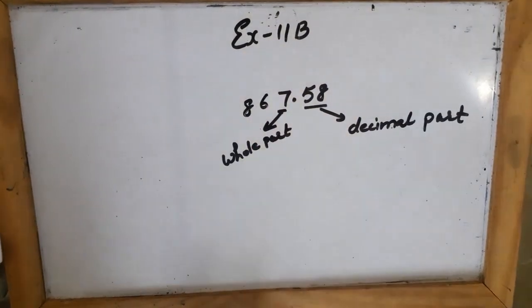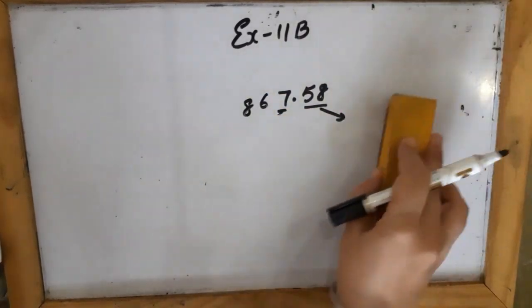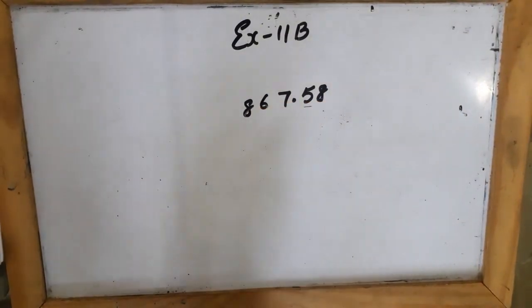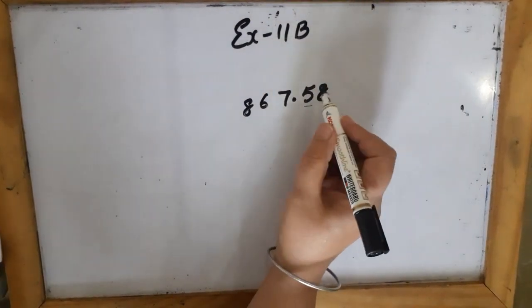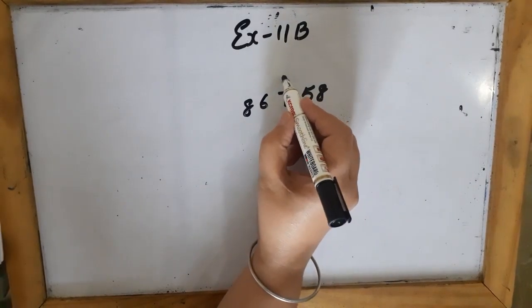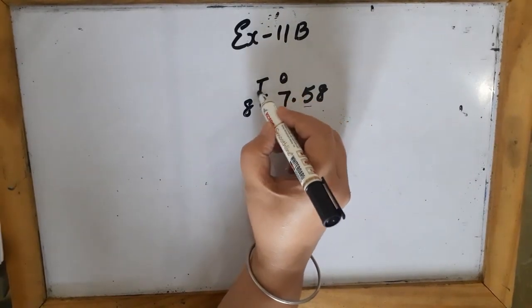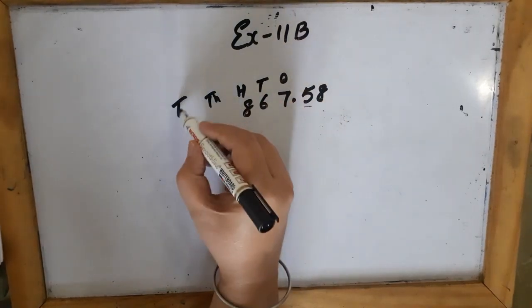Now we will learn about the place values of decimal numbers. Suppose you have a big number like 867. Before the decimal, I said this is the whole number part, so you have place values like ones, tens, hundreds that you have learned, then thousands, then ten thousands.